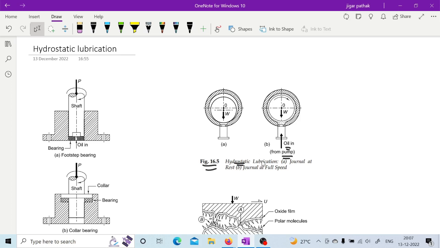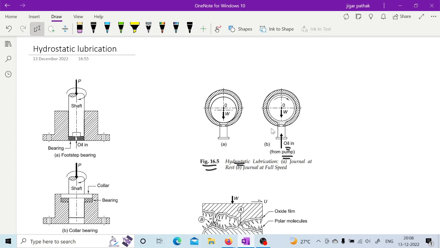The film thickness can be maintained even at lower speed, because it is maintained with the help of external pressure. As we can see, it is coming from a pump.